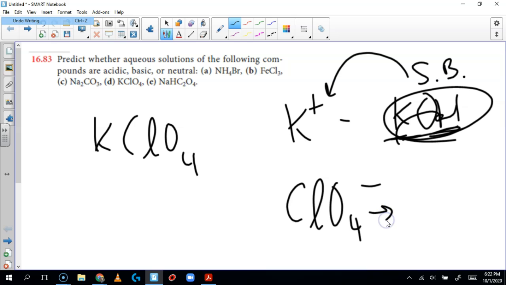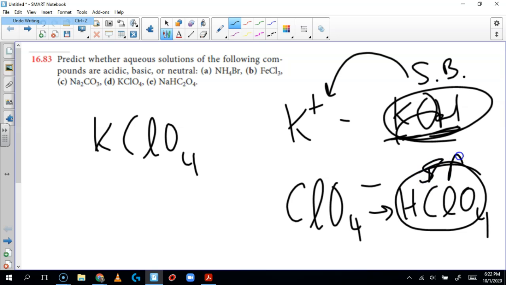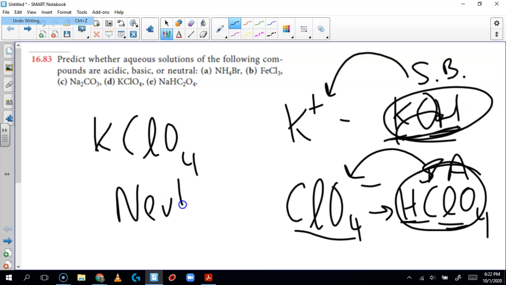The same thing happens with the perchlorate ion. We get HClO4, which is a strong acid. Same logic: because it's a strong acid, it doesn't contribute to the overall pH because it ionizes completely, and so the ClO4 minus just stays in the solution and doesn't have an opportunity to make any acid to do what acids do. So this compound is neutral because they are both conjugates of strong things.